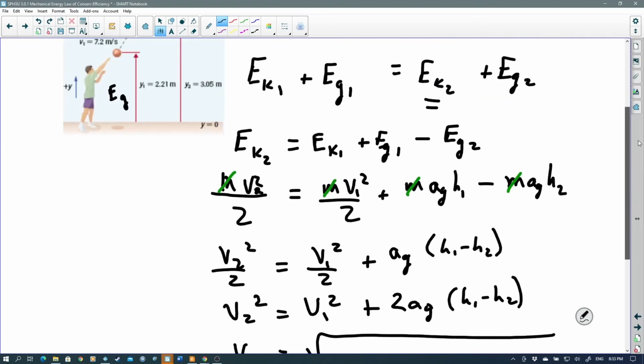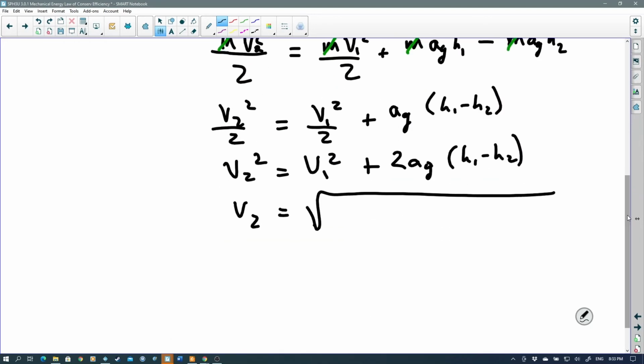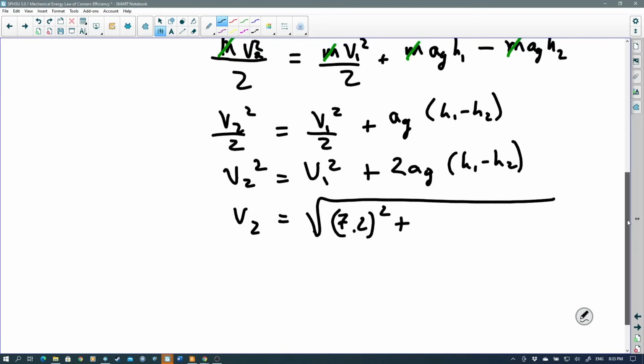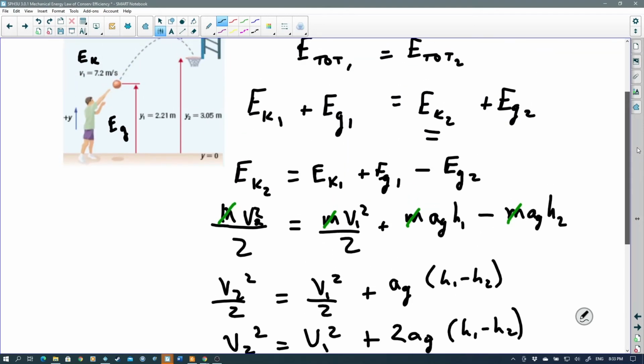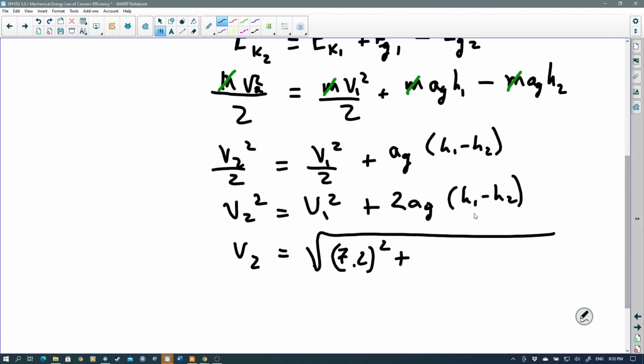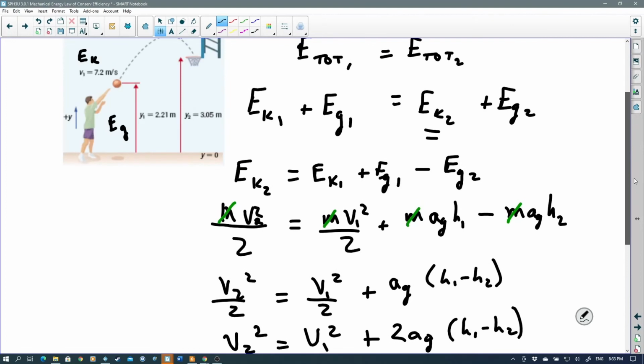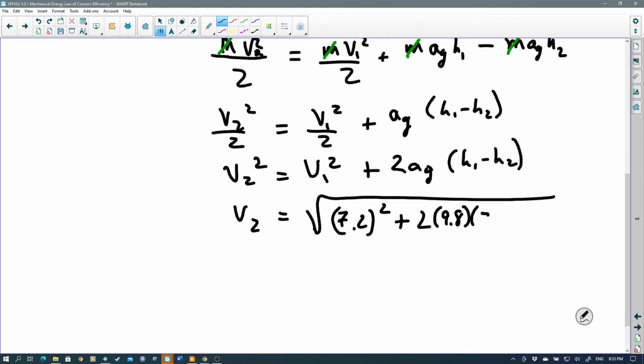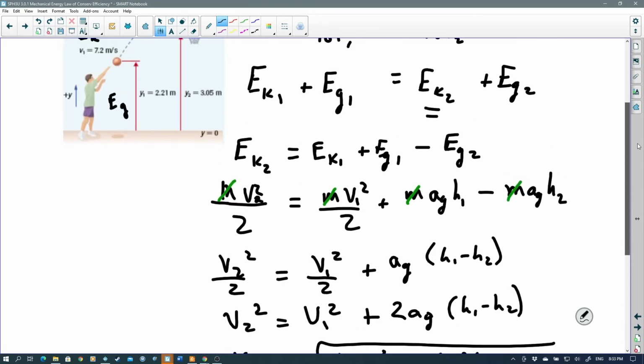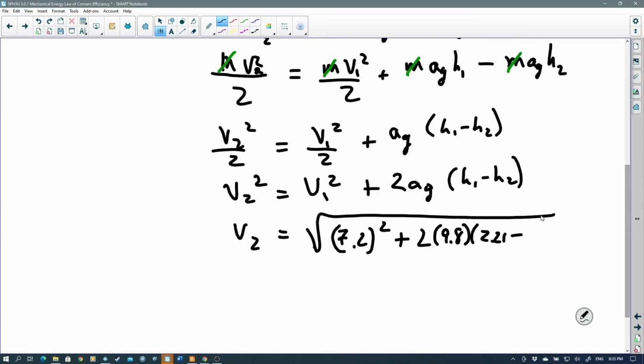So v1 was 7.2 meters per second, and that's squared. 2.21 is h1. g is 9.8. I already forgot what it was. 2.21 minus h2, which is 3.05.